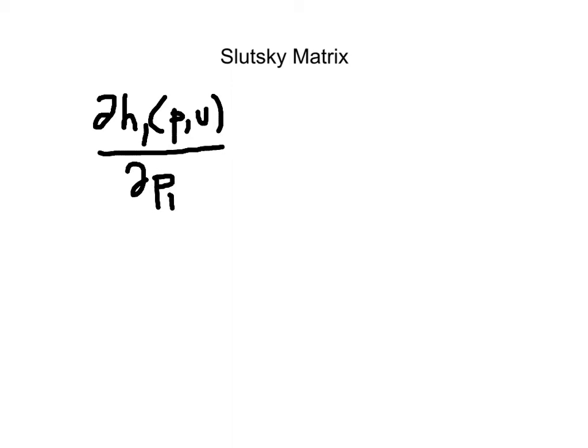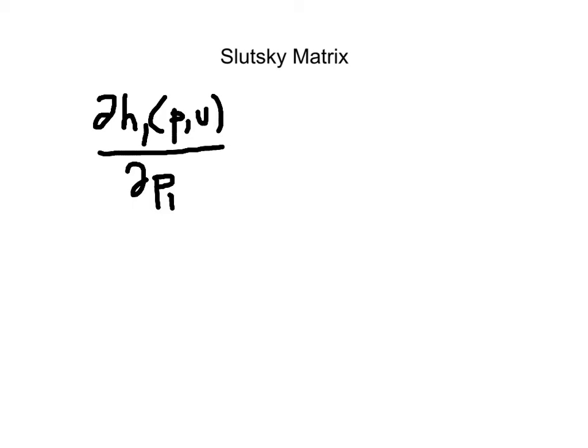And here on the first column, we're going to keep changing the price of the first commodity, but measure the impact on the Hicksian demand for other commodities. So the second entry here, we would be looking at the change in the Hicksian demand for commodity 2 in response to the change in the price of the first commodity, right?